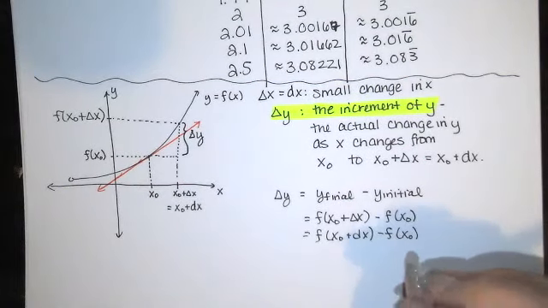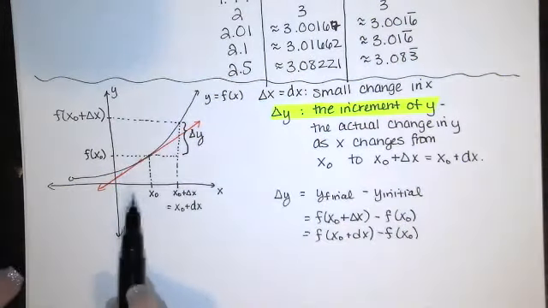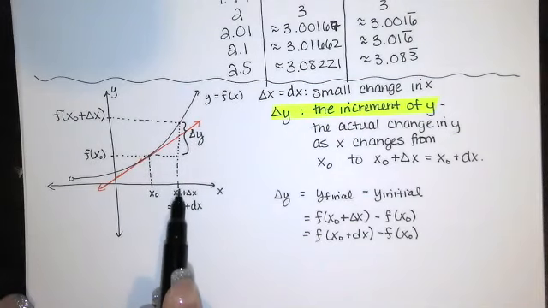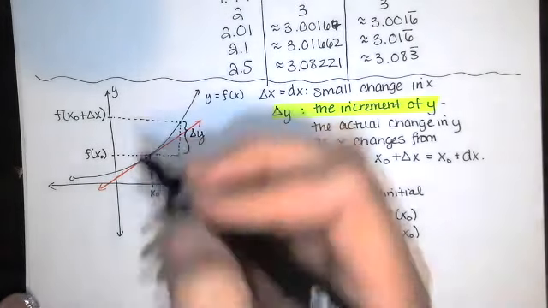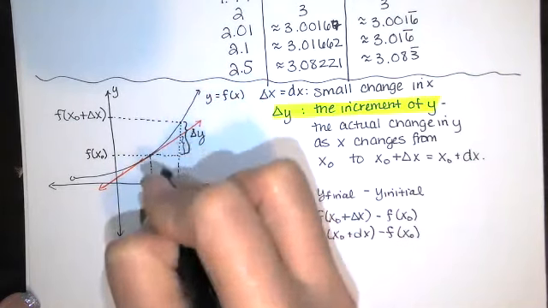Now, if I'm using the tangent line as an approximation to the function, there's an expected change in y. If I'm using the tangent line as an approximation and x is going from here to here, the expected change in y is this distance.